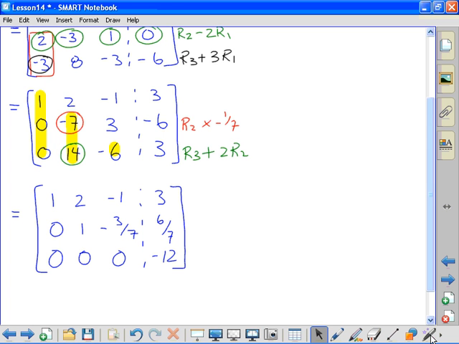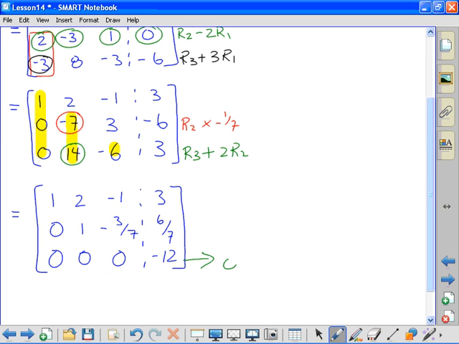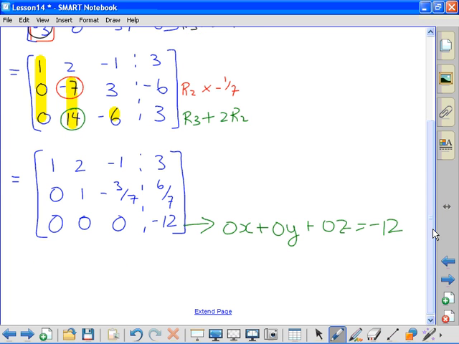So, because I have this right here for a solution, this tells me that I have 0x plus 0y plus 0z equals negative 12. So what that tells me is this particular solution is inconsistent. Inconsistent, no solution.